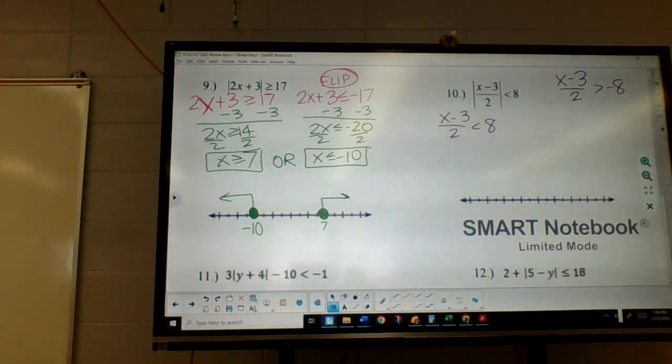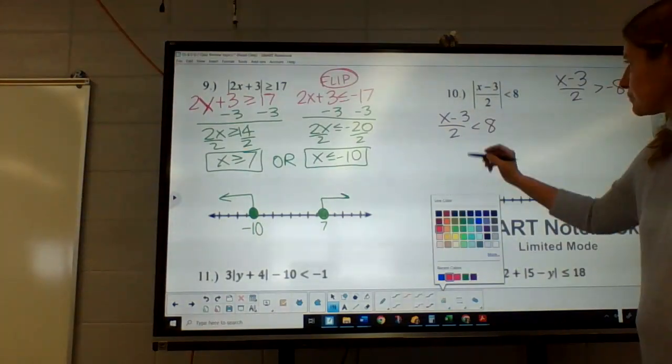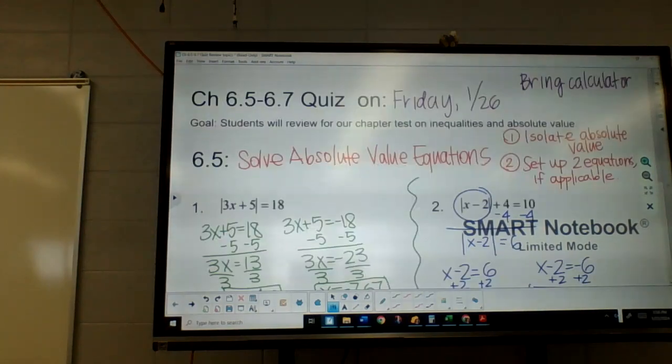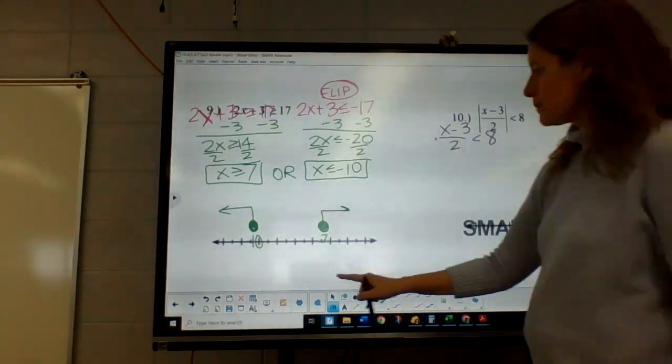What's our first step on solving this, you guys? Yeah, we're going to multiply each side by 2 to get rid of that divide by 2. Yikes, my board is going all over the place.